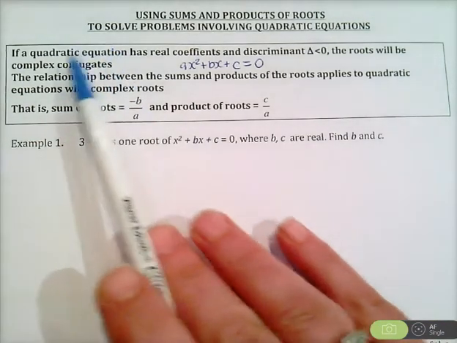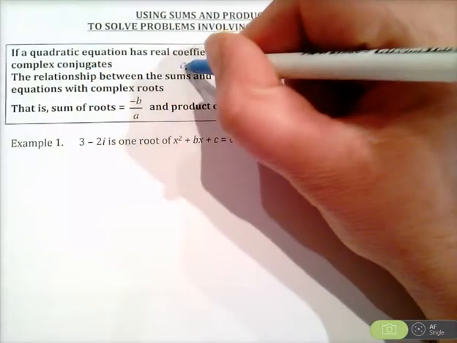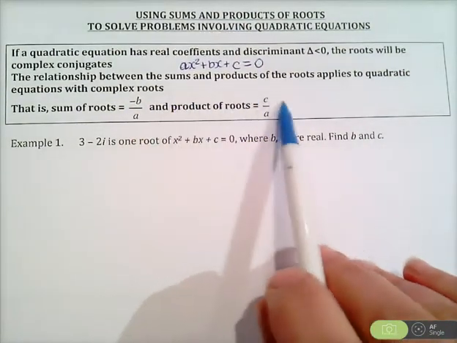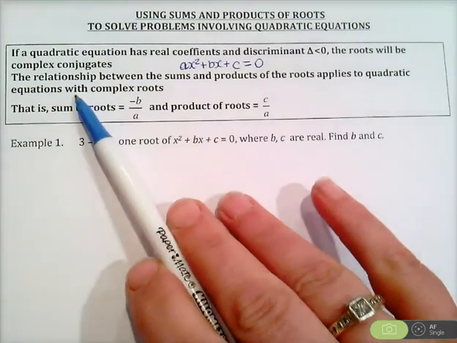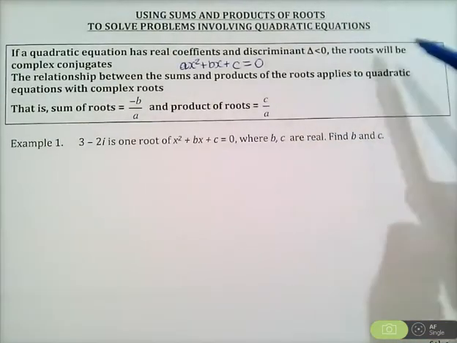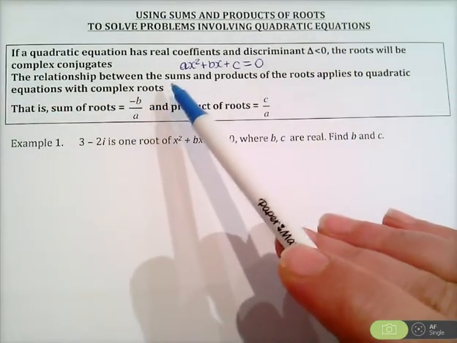Now, because we're also looking at quadratic equations, if you look back at 2-unit maths, we know that there is a relationship between sums and products of roots that applies to quadratic equations. It also applies to quadratic equations where the discriminant's less than 0 and the roots are complex.